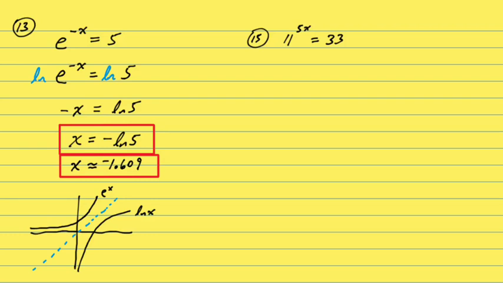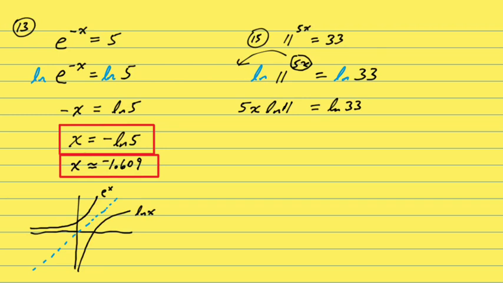How about 15? Is the variable that you're trying to solve for in the exponent? Yes. So to deal with it, you log both sides. That allows you to take this exponent and pull it out front. 5x ln 11 equals ln of 33.